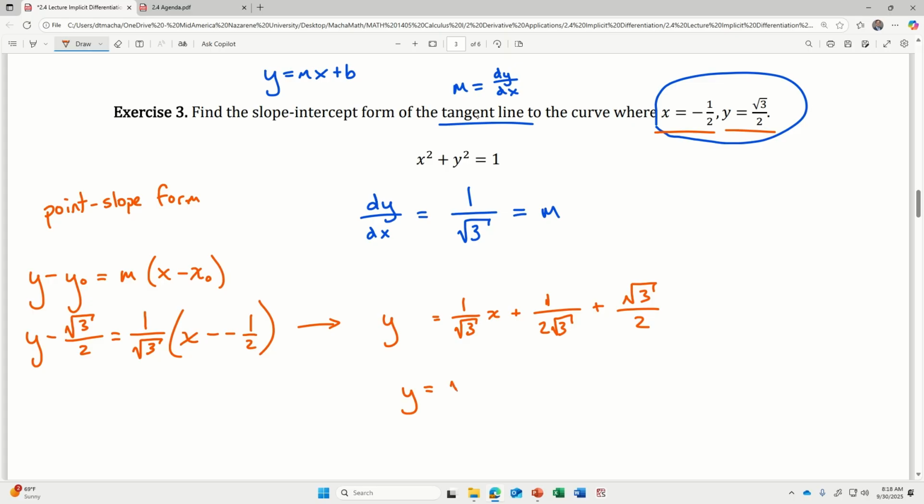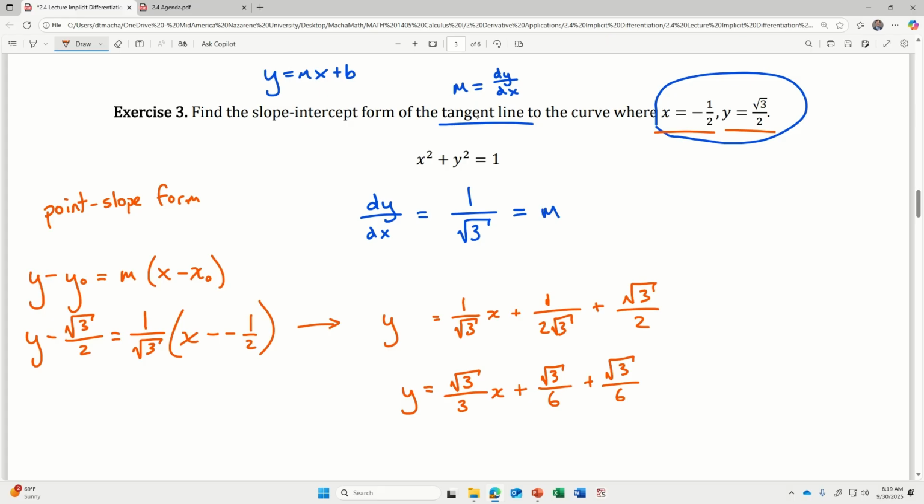You know, this is why it's potentially useful to rationalize the denominator. In other words, write 1 over square root 3 as square root 3 over 3. And here we would want to write 1 over 2 square root 3 as square root 3 over 6. Because now I can add these fractions together.